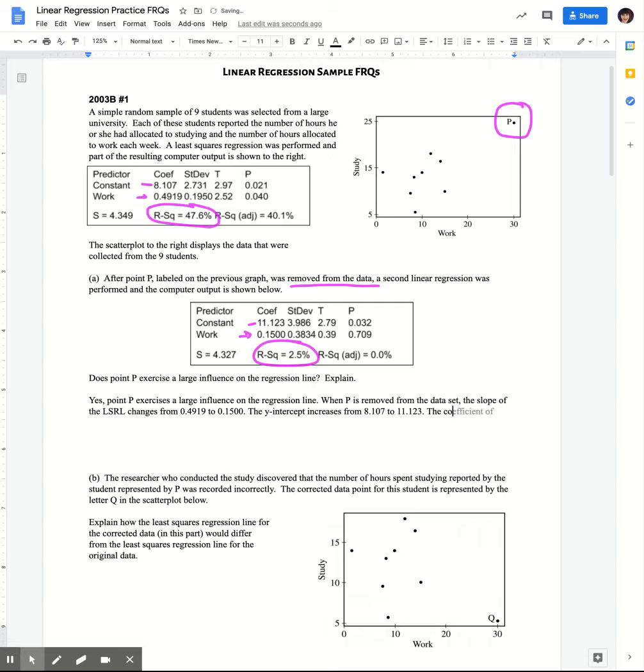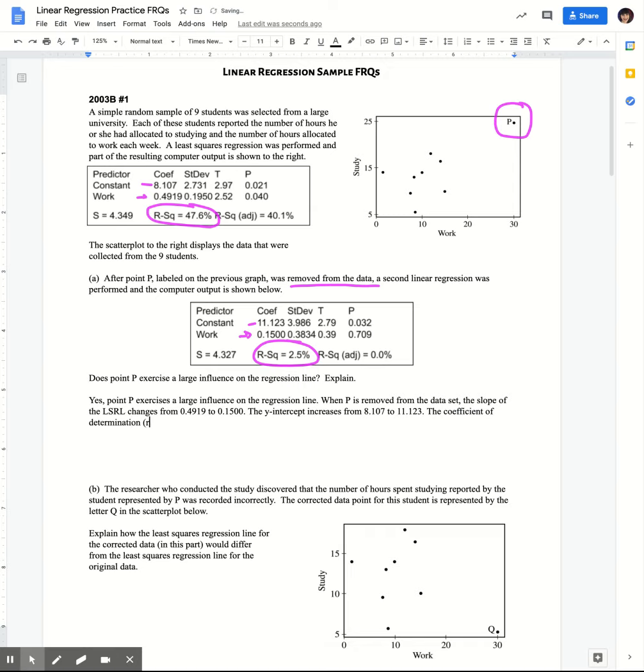And then the coefficient of determination, and that's R squared, drops significantly from 47.6% to 2.5%.